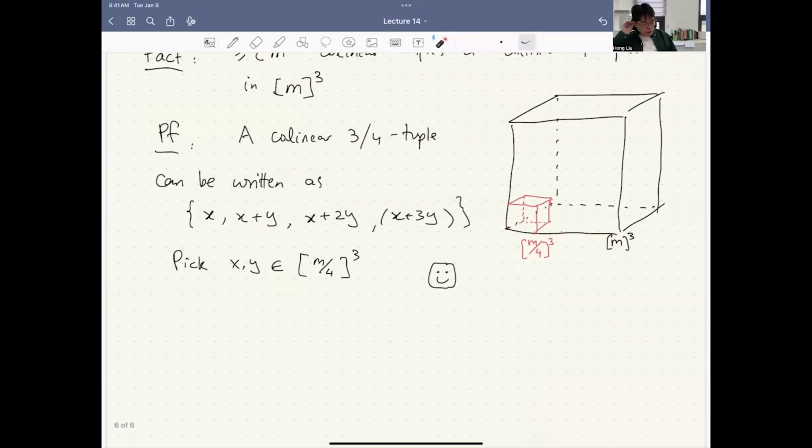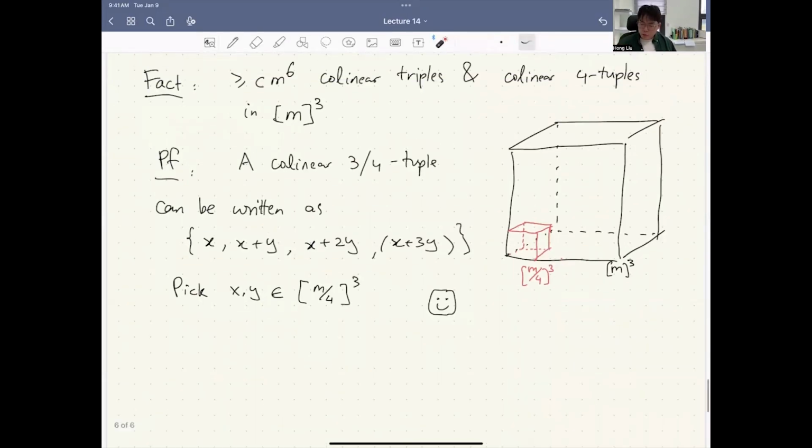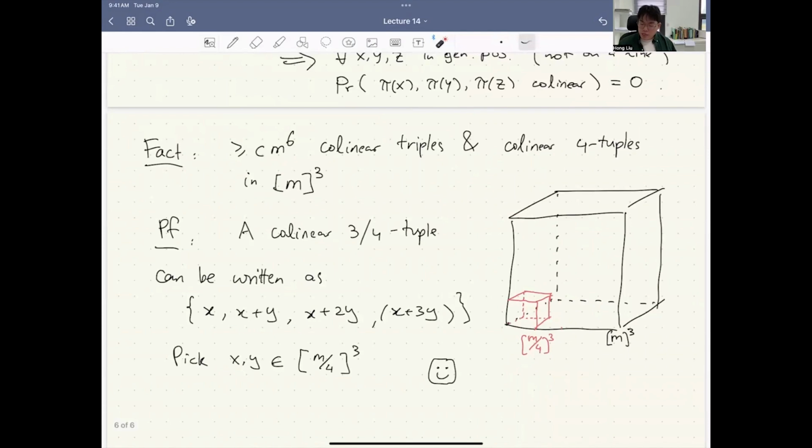Before deriving the main thing, we still need a supersaturation result to invoke. We know that the whole cube contains m to the 6 collinear triples. What sort of supersaturation do we need?